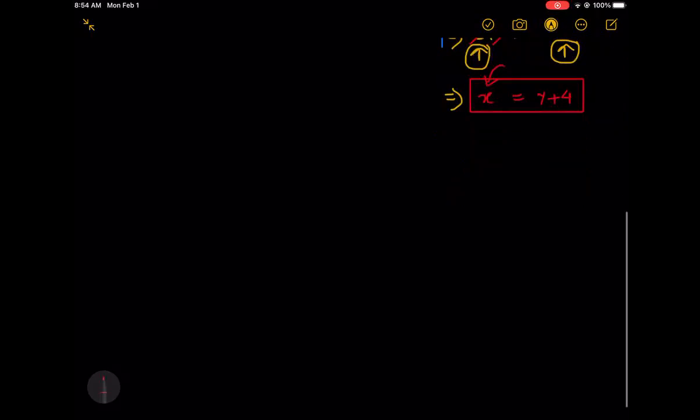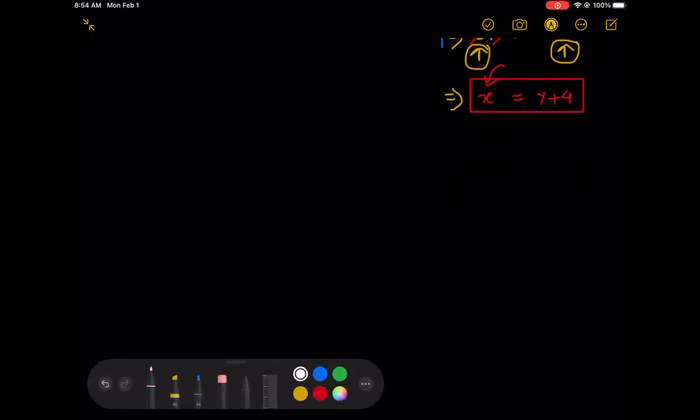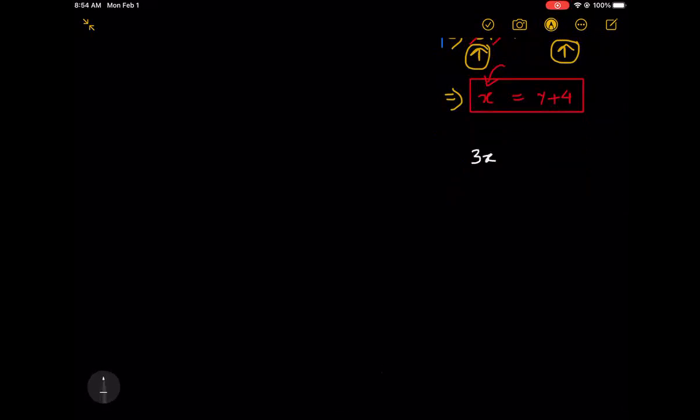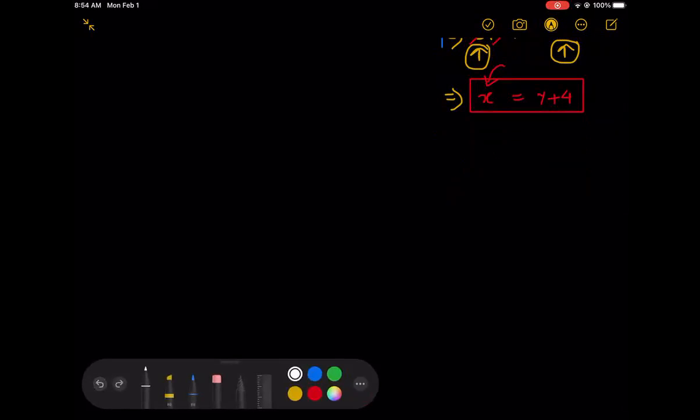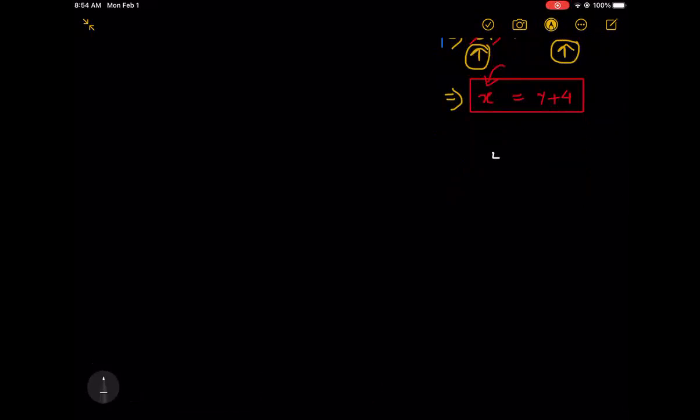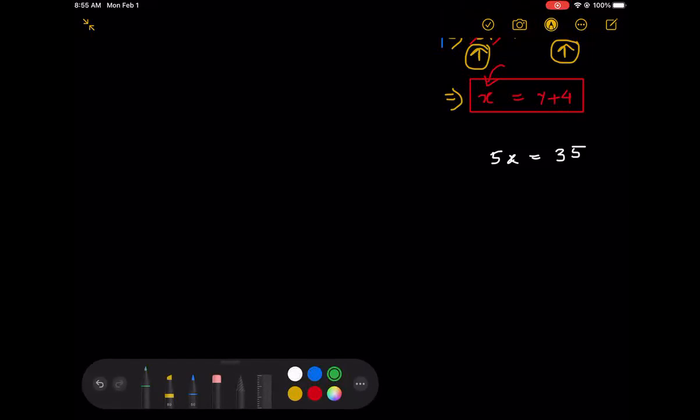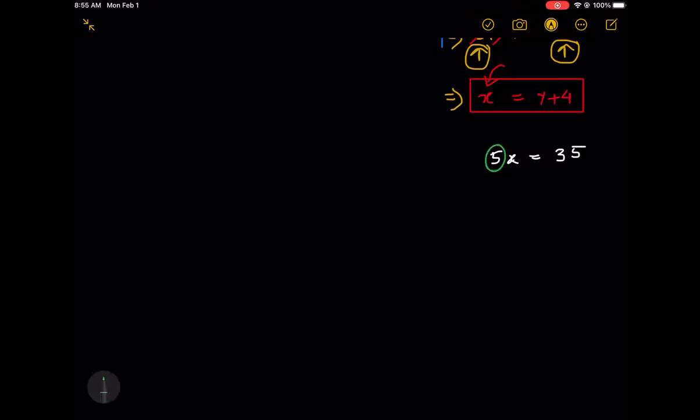Now, what if we have a proportion, or let's say a product? Let's say we have it like this. Using 3 too much will look awkward, so let's see some different values. Let's say we have 35. Now we want to isolate this x again. That means somehow we're trying to get rid of this 5, which is working as a product with this x.